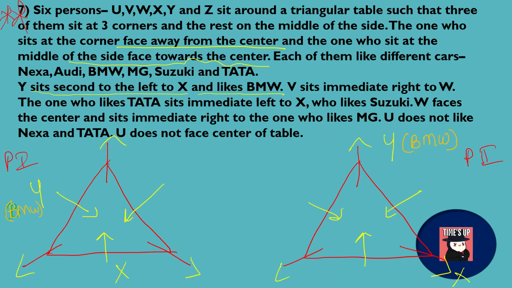Next, V sits immediate right to W. The one who likes Tata sits immediate left to X. The one who likes Suzuki means X is liking Suzuki.